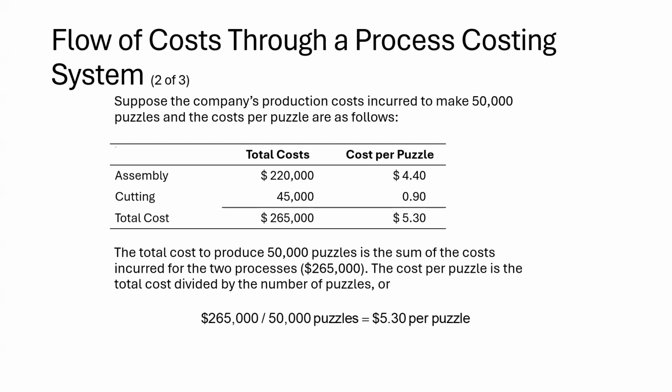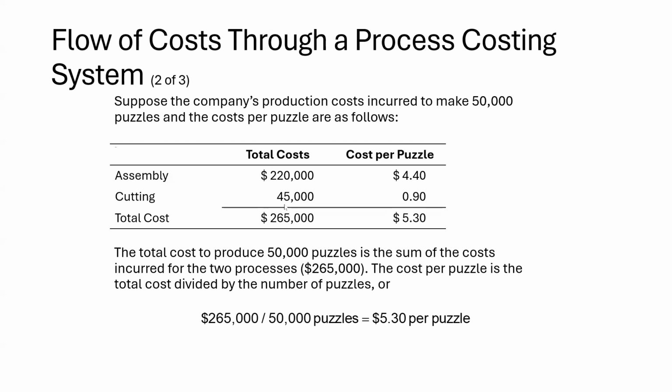In the line entries that you see here, line 1, you have assembly. The total cost is $220,000. The cost per puzzle is $4.40. Line 2, you have cutting.